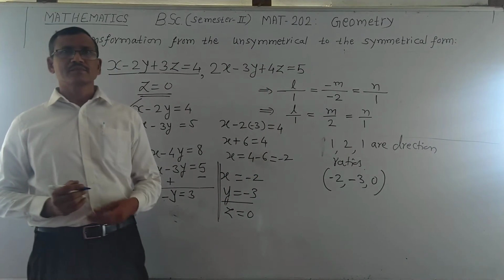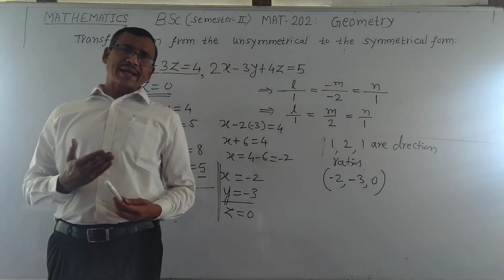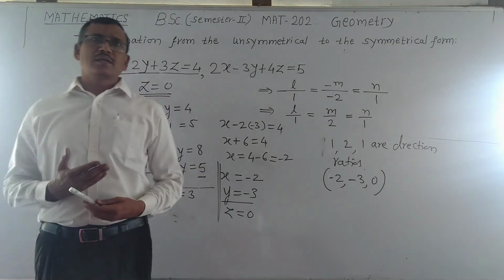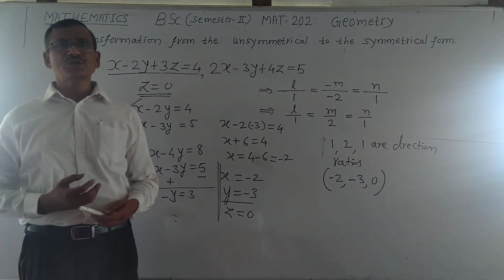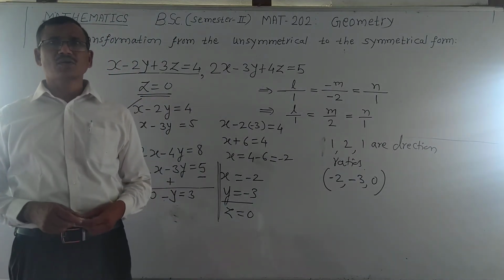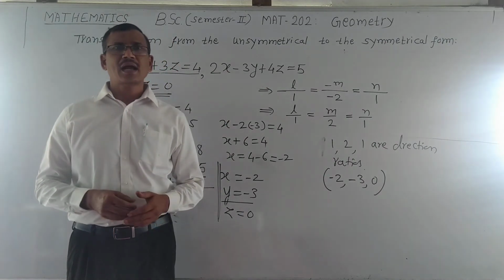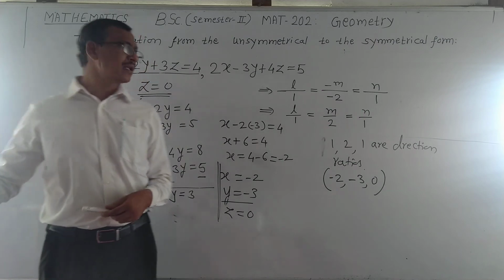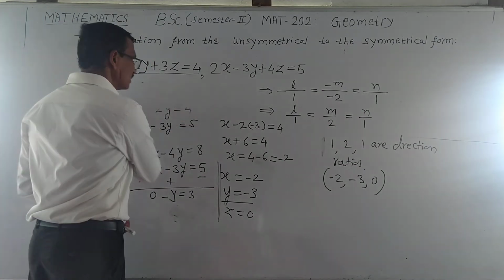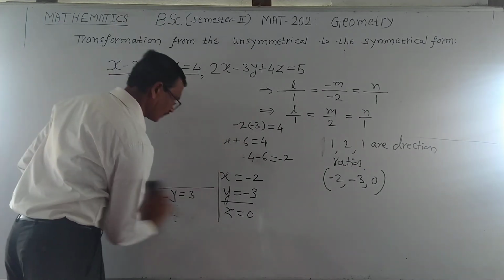Okay? We obtained the direction ratios of the line as well as the coordinates of any one point which lies on the line, and now we are able to write the given equation of a line in symmetrical form.